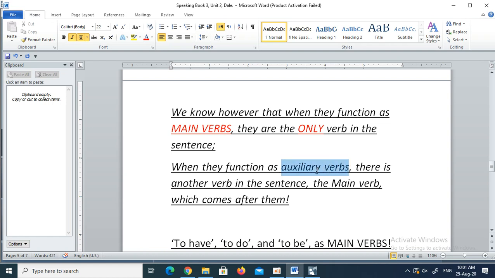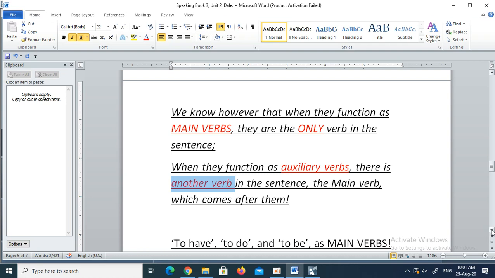When those verbs function as auxiliary verbs, there is another verb in the sentence, and that other verb comes after them. So let us show you in examples what I mean.